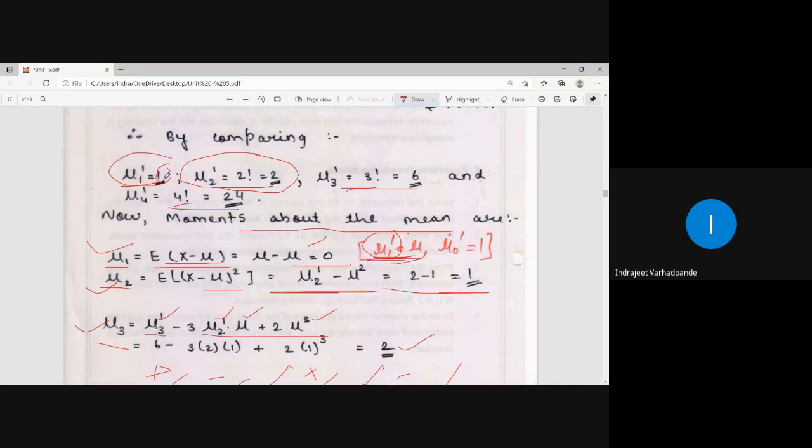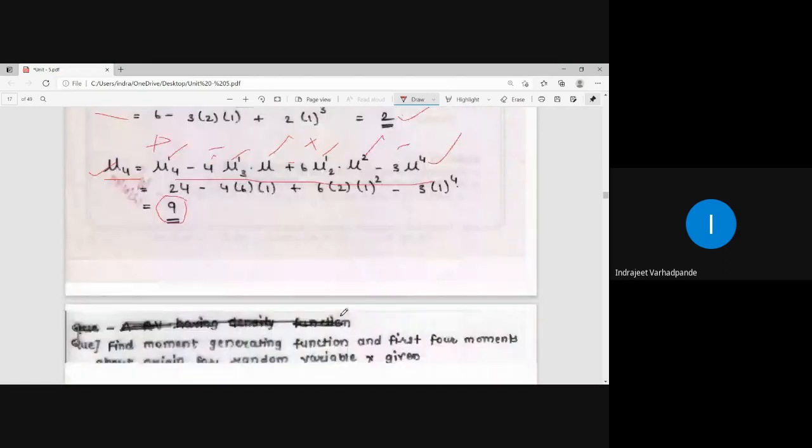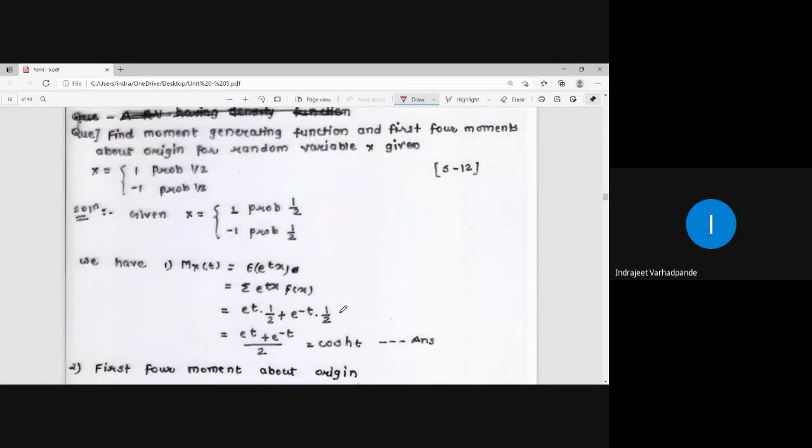You have already calculated mu1 dash, so even if you don't calculate the expectation separately, you will get your answer. So that will give you the first value. Use the second relation, the third relation, and all four moments about mean can be easily calculated. So this is the way to calculate the moment generating function, moments about mean, and moments about origin.